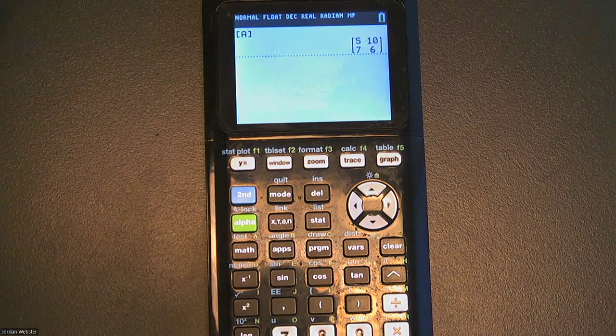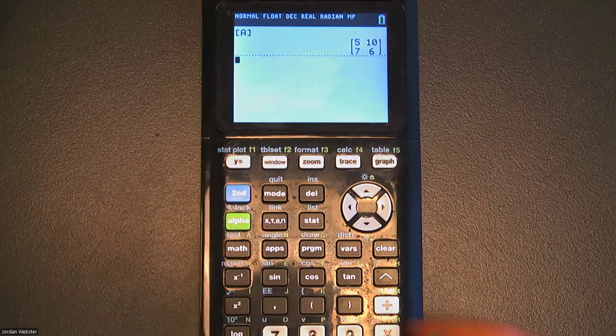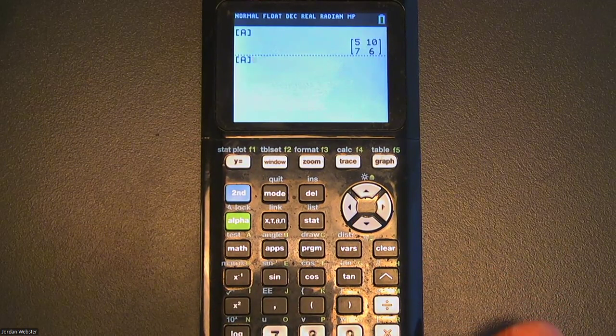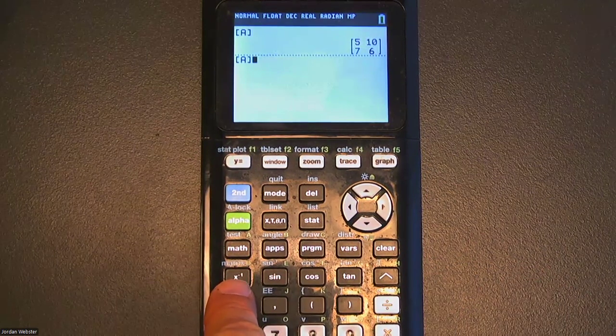It's got to be square for this to work. Then all you have to do is take the inverse of that matrix. And the inverse button is x raised to the -1 on your calculator.